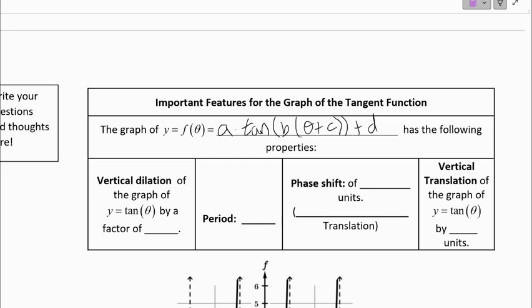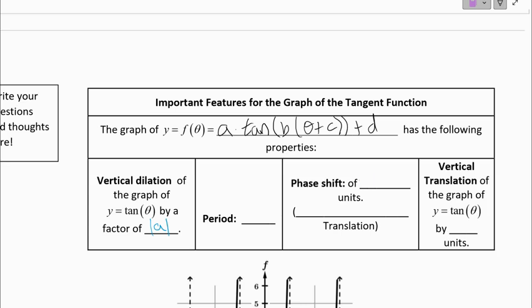So the a value is still a vertical dilation. It's dilating your graph by a. We just don't call it an amplitude because of the way the graph is. And it is the absolute value of a, because if it's negative, then it does the vertical reflection. We're going to come back to the period, because you'll never guess that's the one thing that's different.